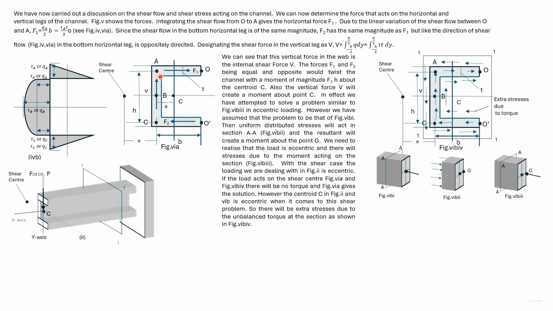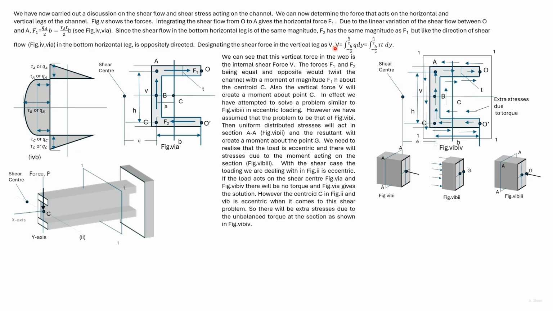Consider this point as A. Then F1 is equal to q_AB divided by 2, or tau_A P B divided by 2. The force F2 is oppositely directed to F1 and of equal magnitude. We can also find the force in the web.